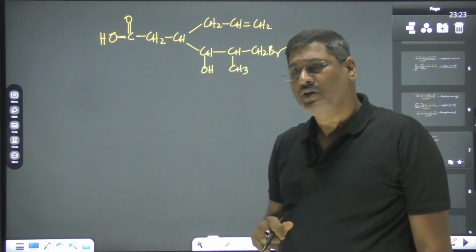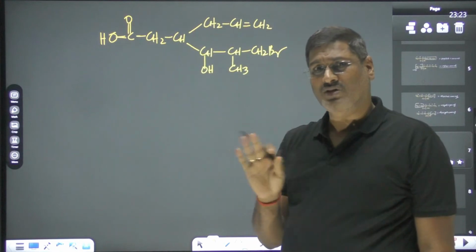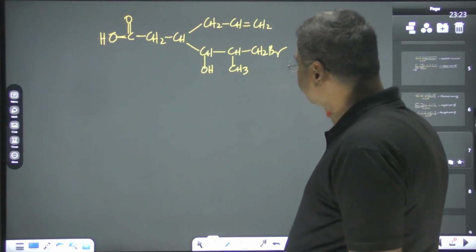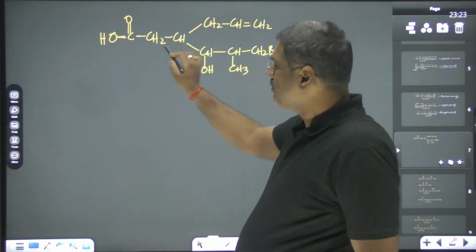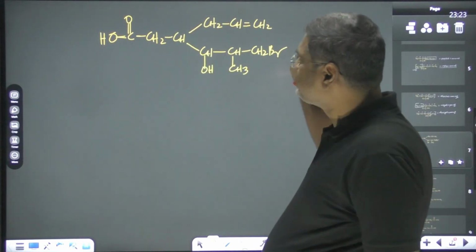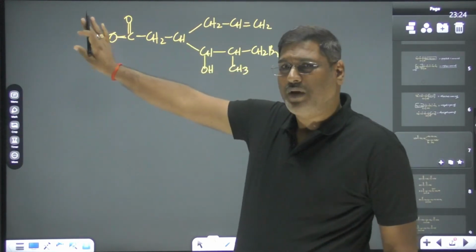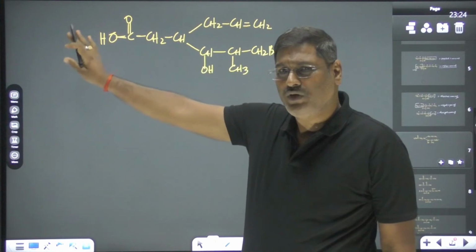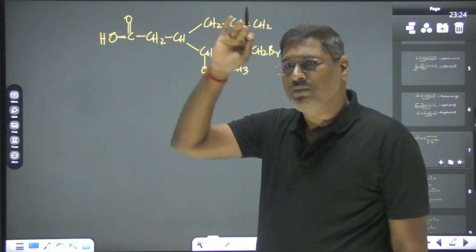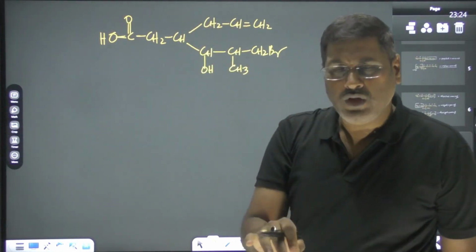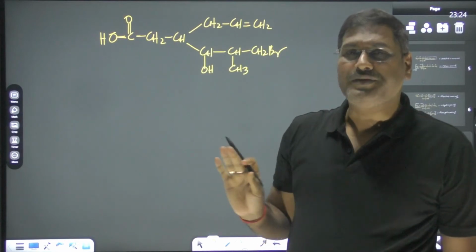More functional groups are there, but we don't choose this as a prime parent chain. We don't consider. After this prime functional group, including this one, we must try to include the double bond in the parent chain.